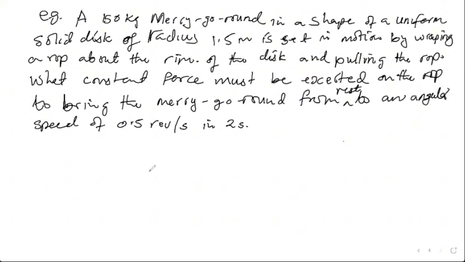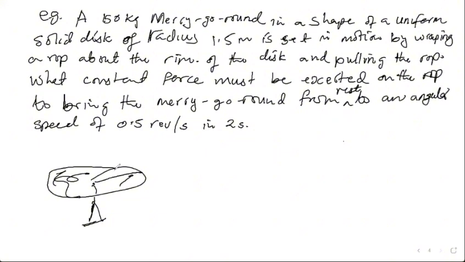So the situation we have here is a merry-go-round. It is pivoted somewhere at the center here. And this is a solid disc. It has a radius of 1.5 meters and a mass of 150 kilograms. We have a rope that is wrapped around this rim here.